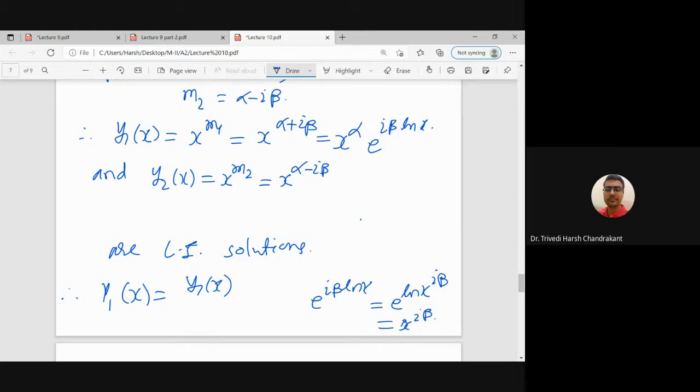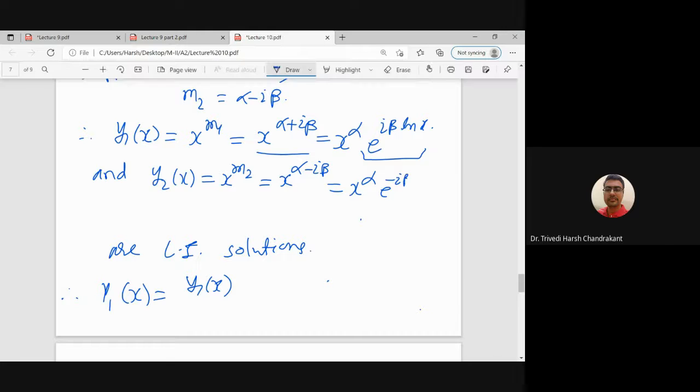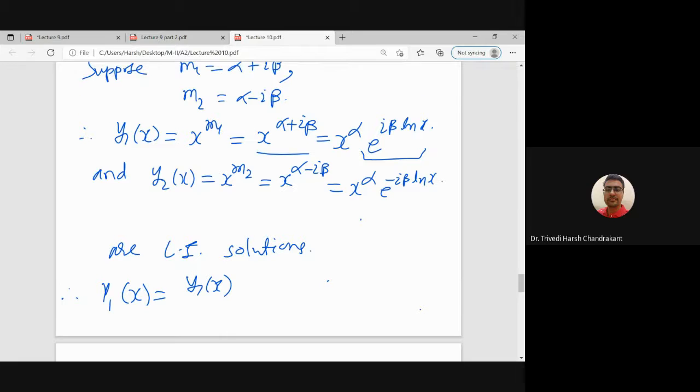So that is what we are using here. The same way we'll write the other term as x power alpha e power minus i beta log x, and these are LI solutions. So therefore now we get the real part.